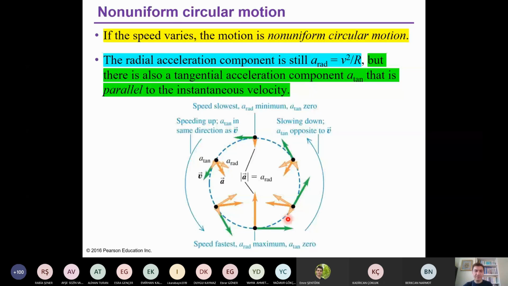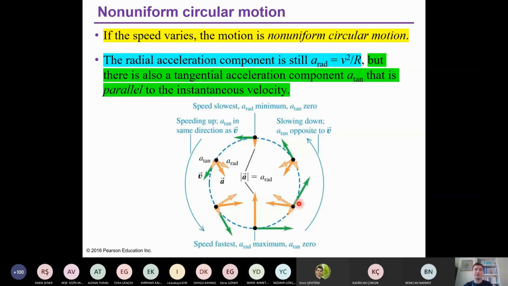So now we have acceleration, which is not pointing to the center of the circle. It has two components. One is a radial toward the center of the circle, and we have a tangential component of this acceleration. Since the car is slowing down, the tangential acceleration direction and velocity direction are opposite to each other.